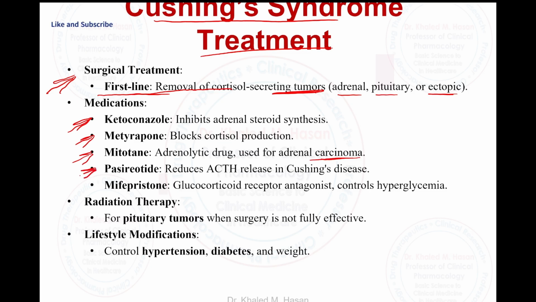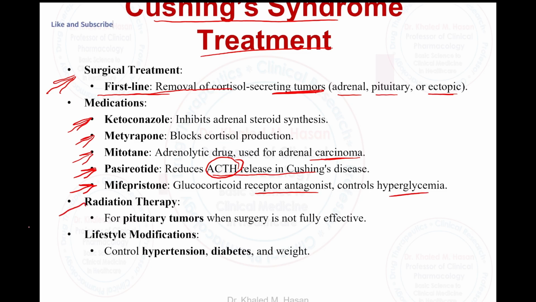There is a new medication, osilodrostat, which reduces ACTH release in Cushing syndrome. This works on the pituitary gland, inhibiting release of ACTH. Then we have mifepristone, a glucocorticoid receptor antagonist, and this will also control hyperglycemia.